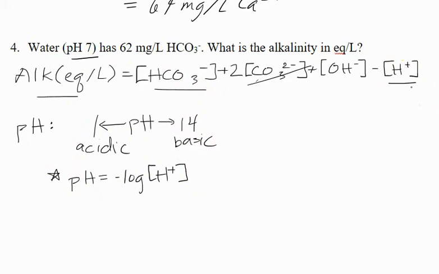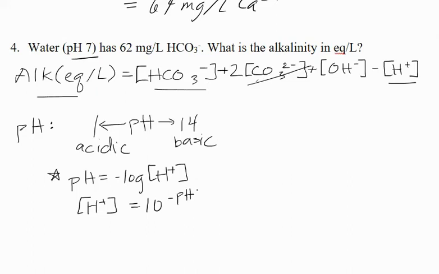We could do that. We could say that H plus equals 10 to the negative pH. But we don't actually have to do that, because the pH is 7.